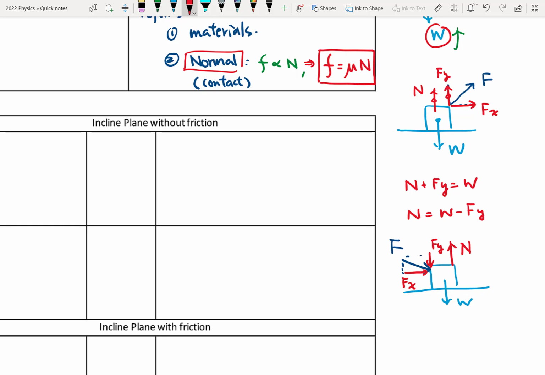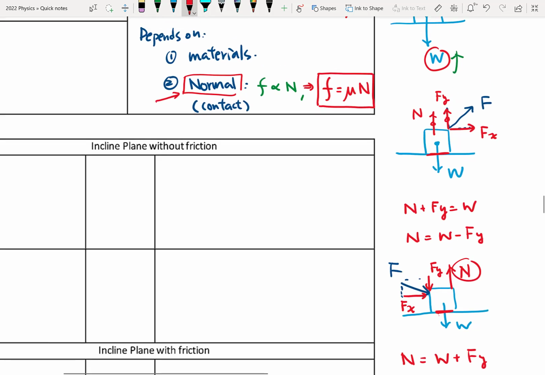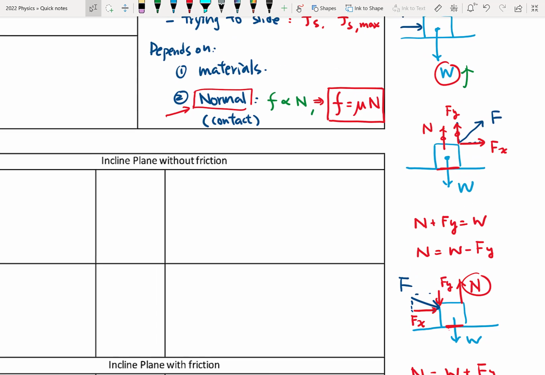In this case, your normal force will equal W plus Fy, so it will be bigger. I think it's quite easy to understand. The more important force is the real contact force between the surfaces, which is the normal force. That's why we use the normal force here, and we don't just say the friction depends on the weight.